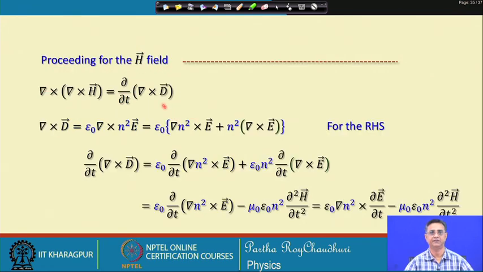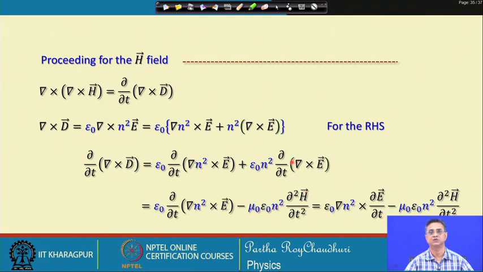For the magnetic field, we can similarly write down the left hand side, that is curl of H, which is equal to del t of D, but this D you can again write in the form epsilon naught n square E. So, using the identity for del cross n square E, for the right hand side we can write del n square cross E plus n square del cross E. Now, this del cross E is again known to us beforehand, it is equal to minus mu naught del H del t.